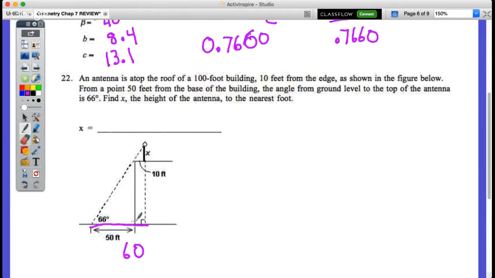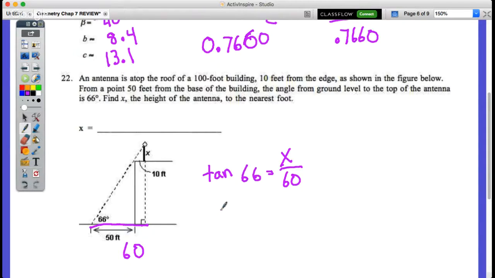Because the antenna is 10 feet from the edge, 10 plus 50 is 60. I have the angle 66 and the adjacent, and I want to find the opposite. That's tan. What is the tangent of a 66-degree angle times 60?